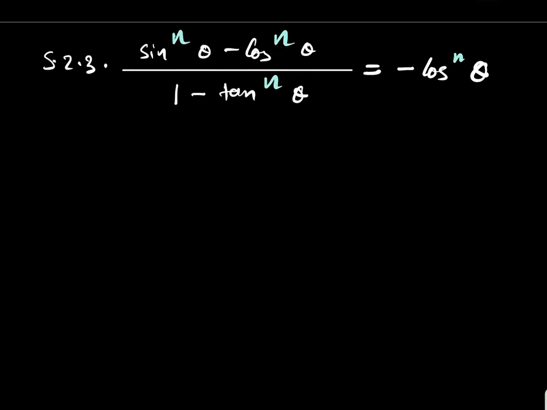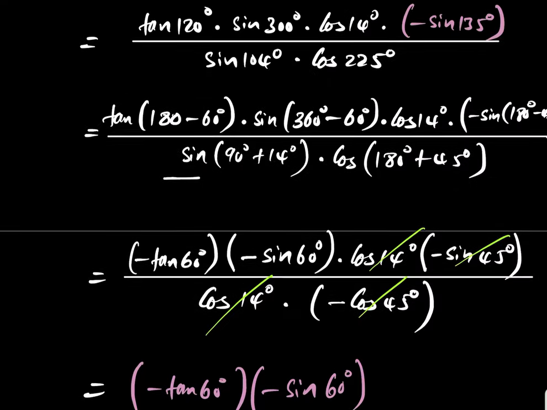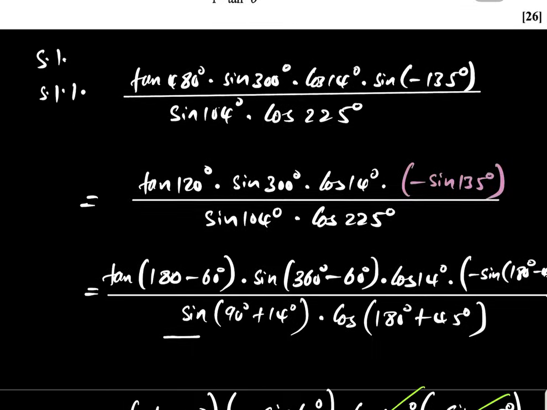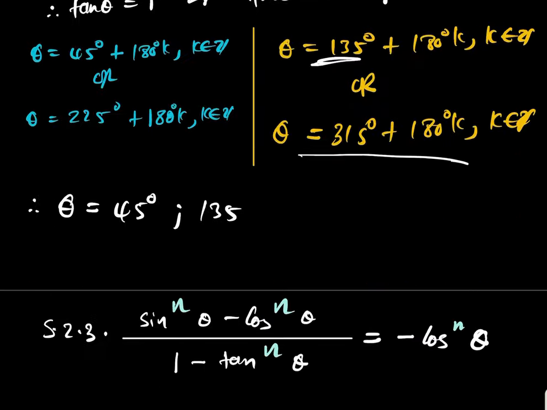Now, what is happening with the last one? It's 5.2.4. What are they saying? Show that that nth term is that one. So now we have to prove that nth term. Okay, let's do it together.